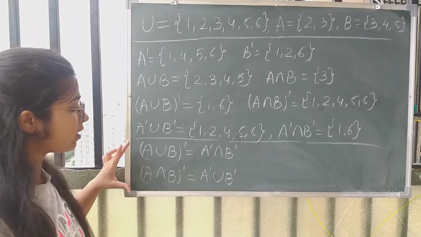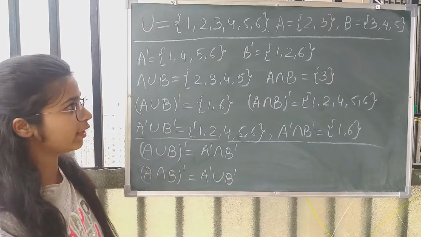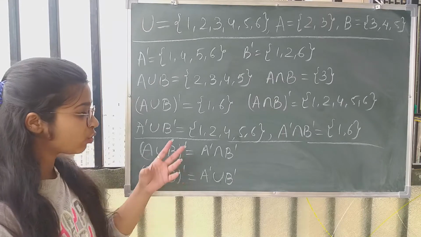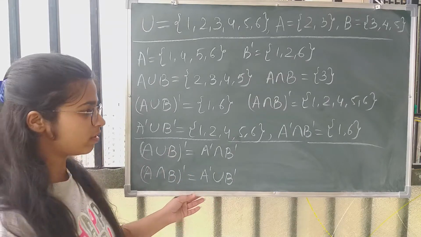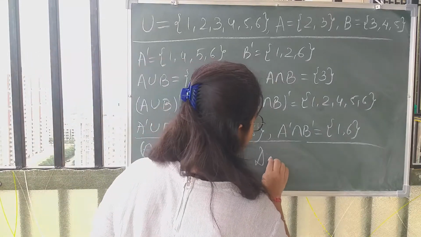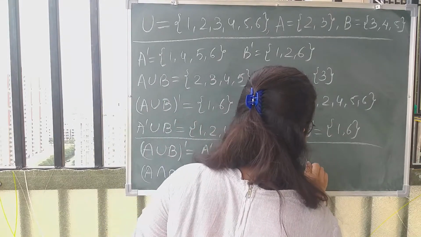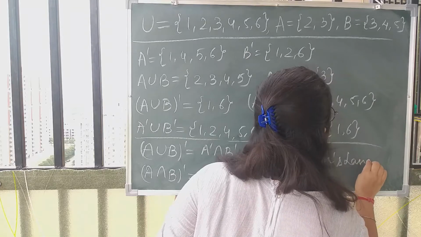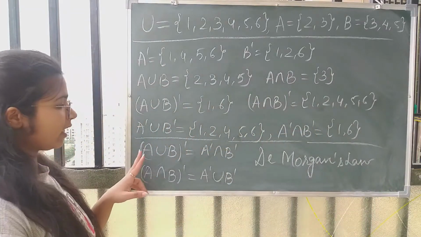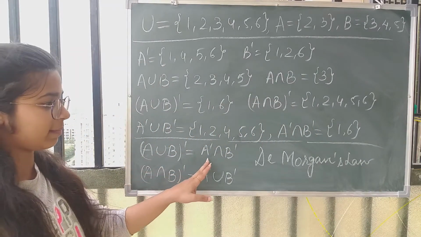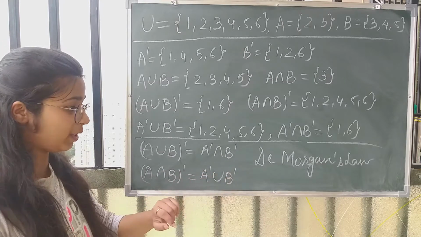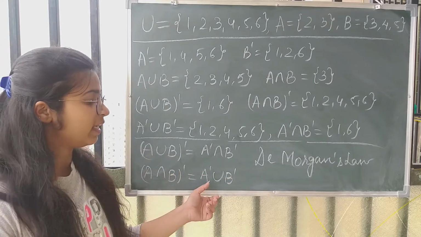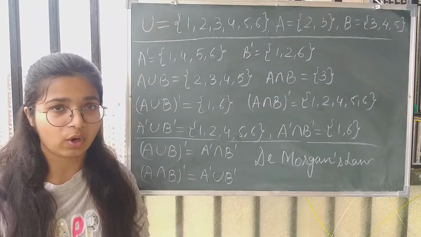So these statements are actually valid if you take any set A, any set B, any universal set. So these two statements are very important statements and they are called the De Morgan's law. So the De Morgan's law says that A union B complement is the same as A complement intersection B complement, and A intersection B complement is the same as A complement union B complement.